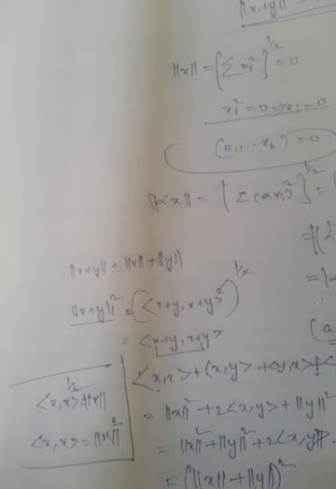The square will get cancelled out. Norm of x plus y is less than or equal to norm of x plus norm of y. That is what we have to prove, and we got the same thing. So this is pretty much done.